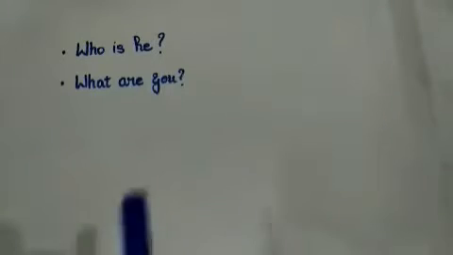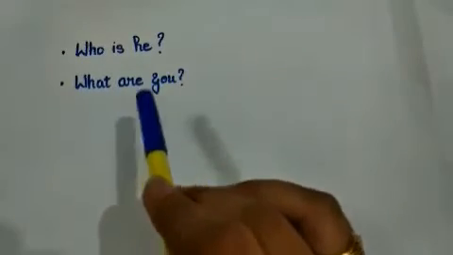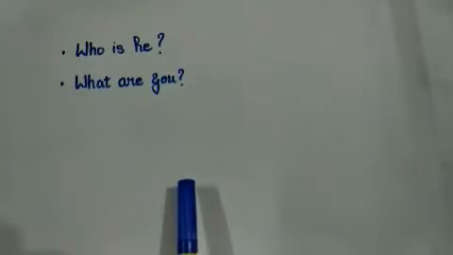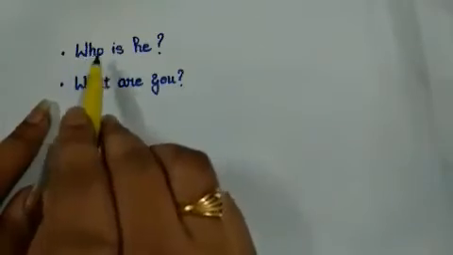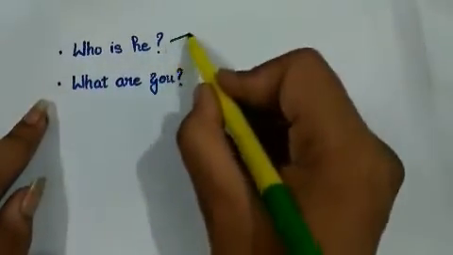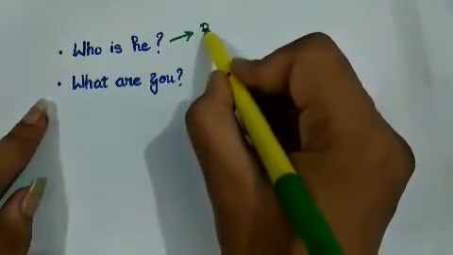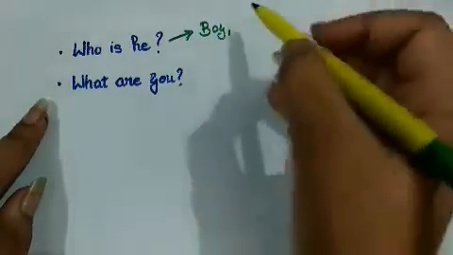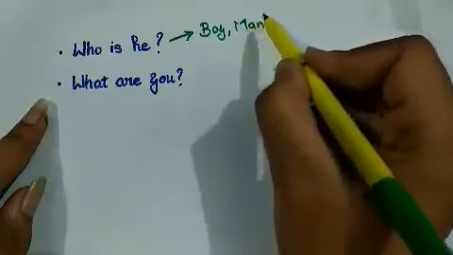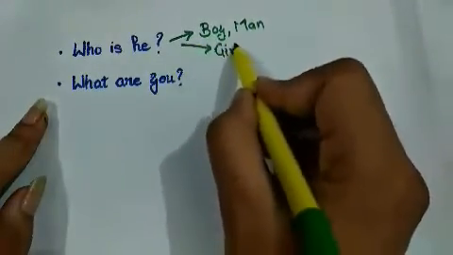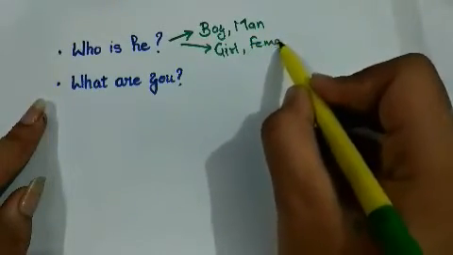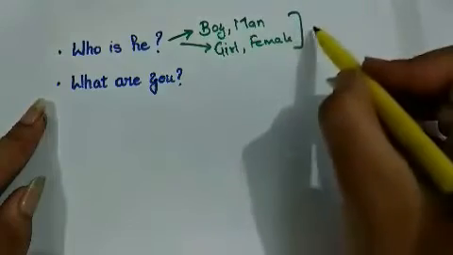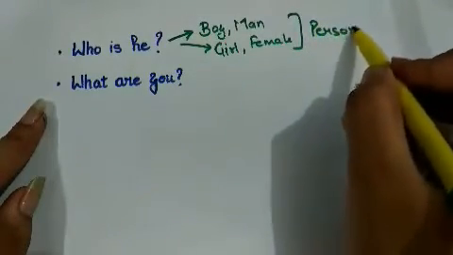I have written two sentences here just to illustrate the use of who. When I ask who is he, possible answers can be a boy, a man, a girl, any female, meaning a person.